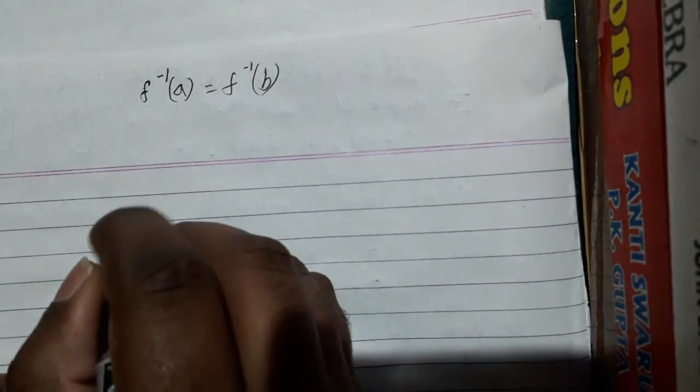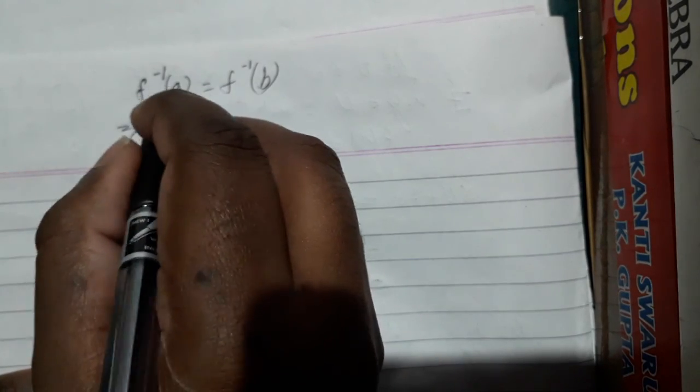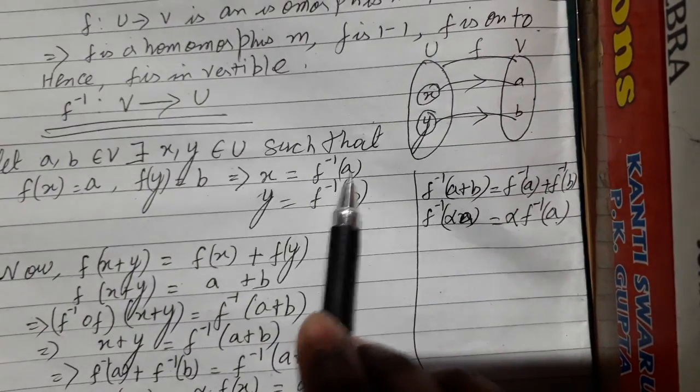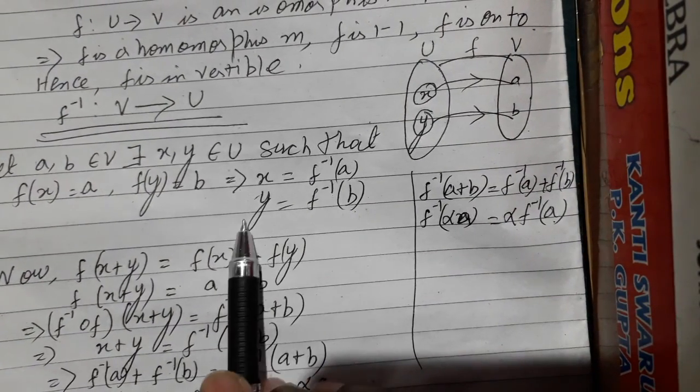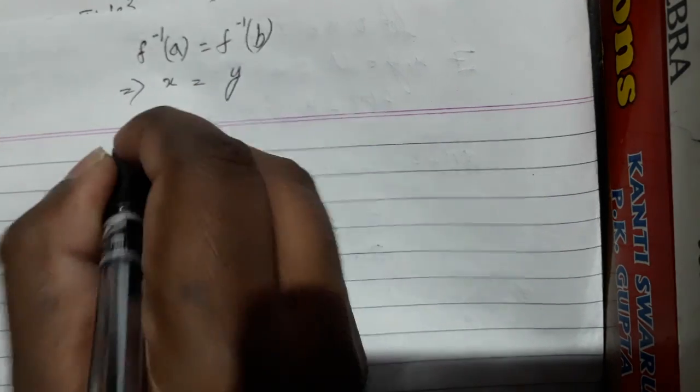I have to show a equal to b. What is f inverse of a? We have shown here f inverse of a is x and f inverse of b is y. So let us substitute this value here. So we get f inverse of a is x, this is y.